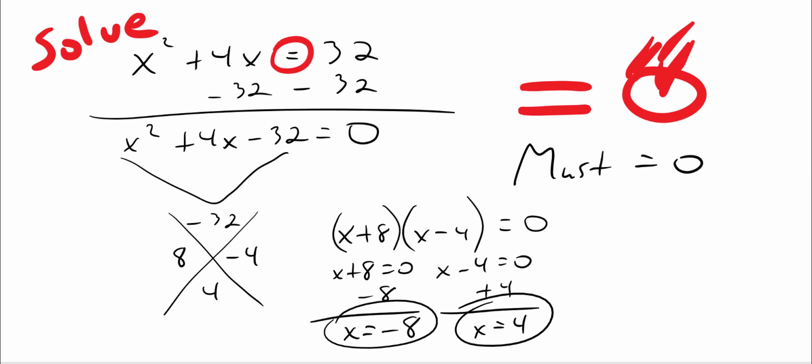Here's your next problem: 2x cubed minus 4x squared equals 30x. This is the most complicated problem I could possibly give you. So what are the directions going to say, math fans?